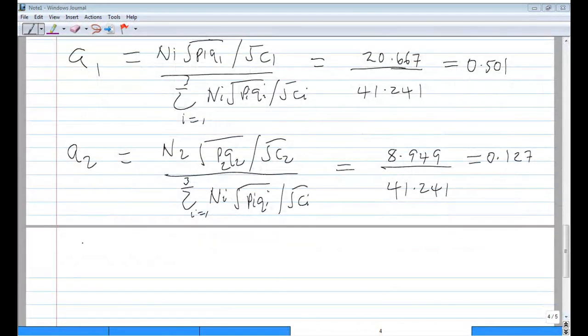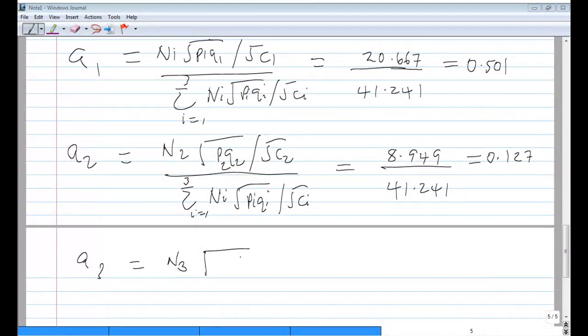A3 is going to be N3. Let's just substitute, because we already have the formula. It's 0.217, not 0.127.